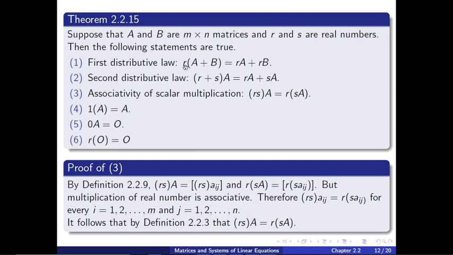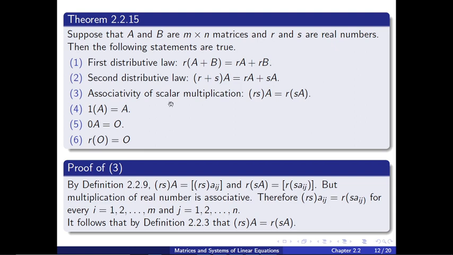So we can distribute scalar multiplication over matrix addition, and that's what the first one is saying, so R of (A plus B) is equal to R of A plus R of B. And the second distributive law talks about scalar addition over matrix multiplication. So (R plus S) times A is equal to RA plus SA.